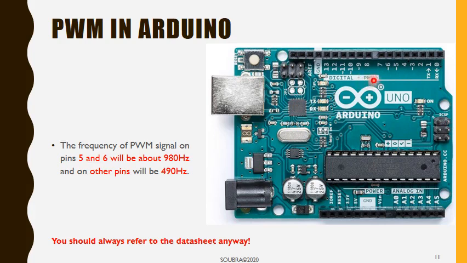You can see it here, PWM with this weird sign, kind of like a weird mustache, but anyway, this is the PWM pin, PWM, PWM, PWM, PWM. And they're telling you that pins 5 and 6, these two pins here, operate at a 980 hertz frequency, and the others operate at 490 hertz.